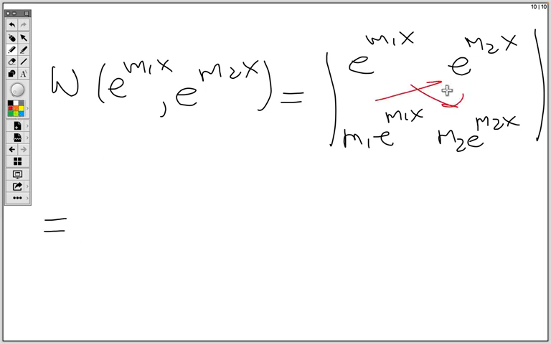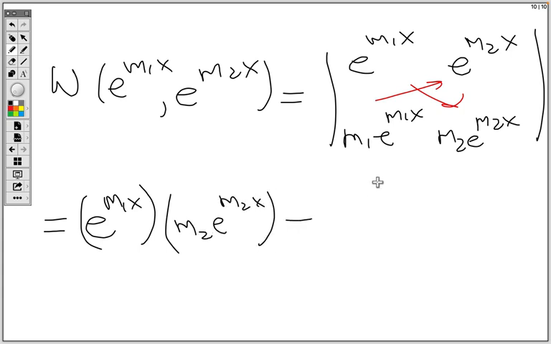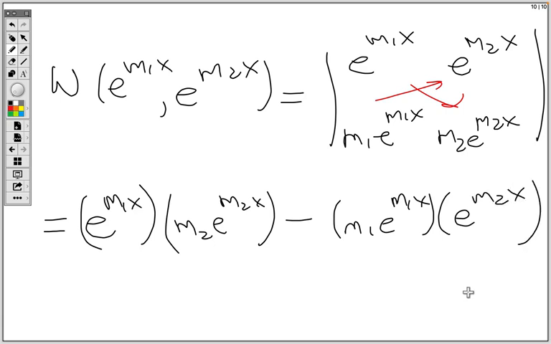Now we do the zig minus the zag. I can rearrange these factors. I'm going to have the m2 factor. I'm going to pull that out front.